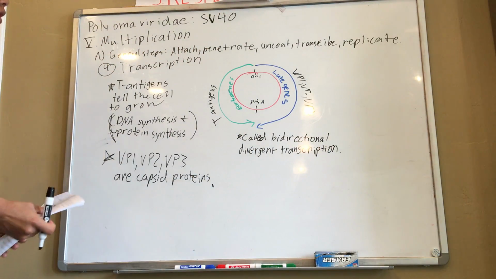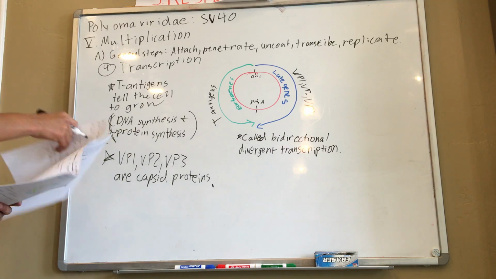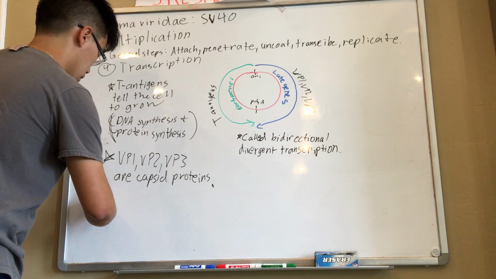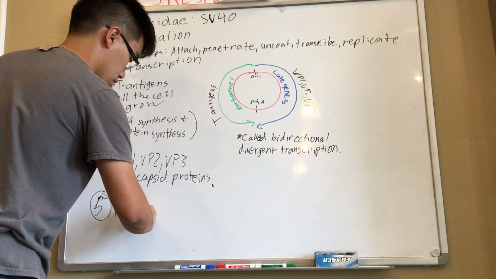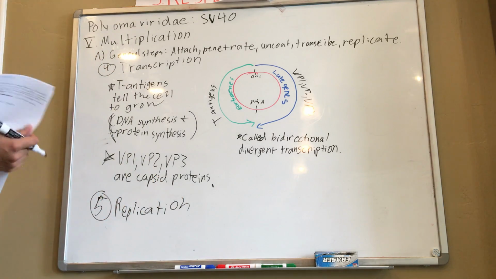Okay. So that's transcription and translation for SV40. And then replication is just replication. So not too many details on that. You just simply replicate your DNA and so forth.